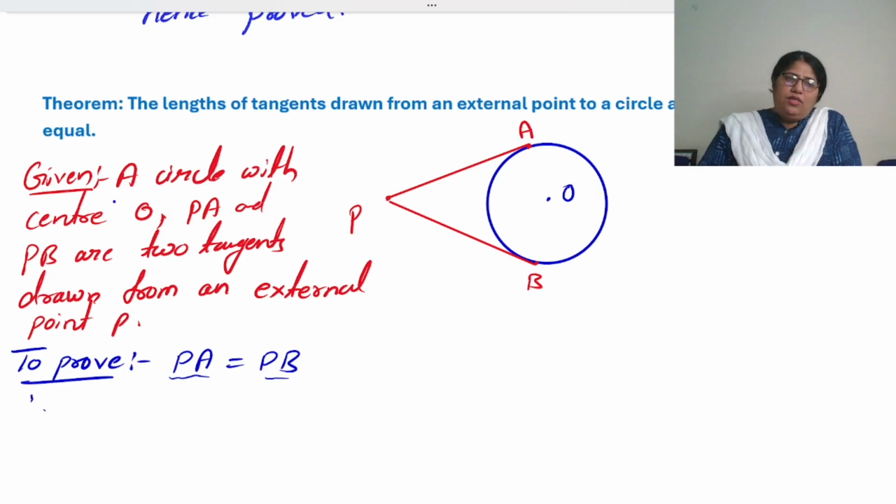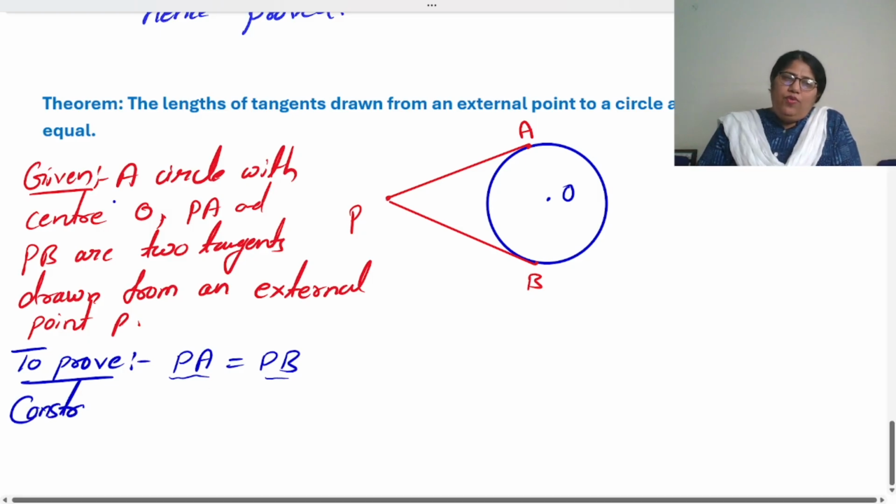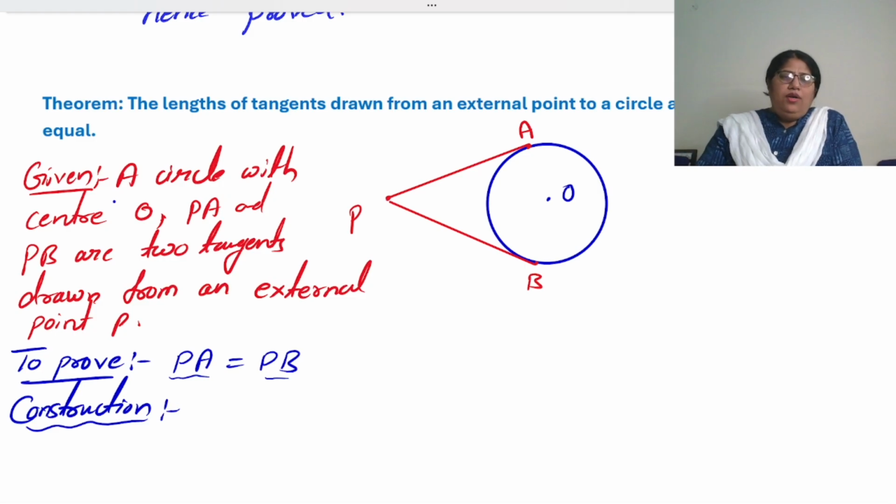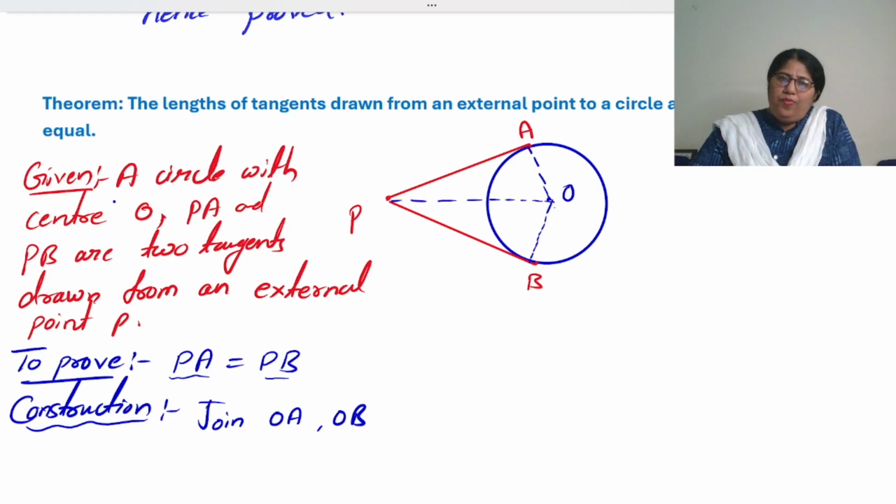You have to do some construction, because most of the time in circle proofs we use congruency. And if you need congruency of triangles, you should have the triangles. So first thing, you are going to join OA, OB, right? So here you can write down, join OA, OB, and to get the triangle I am going to draw OP also.